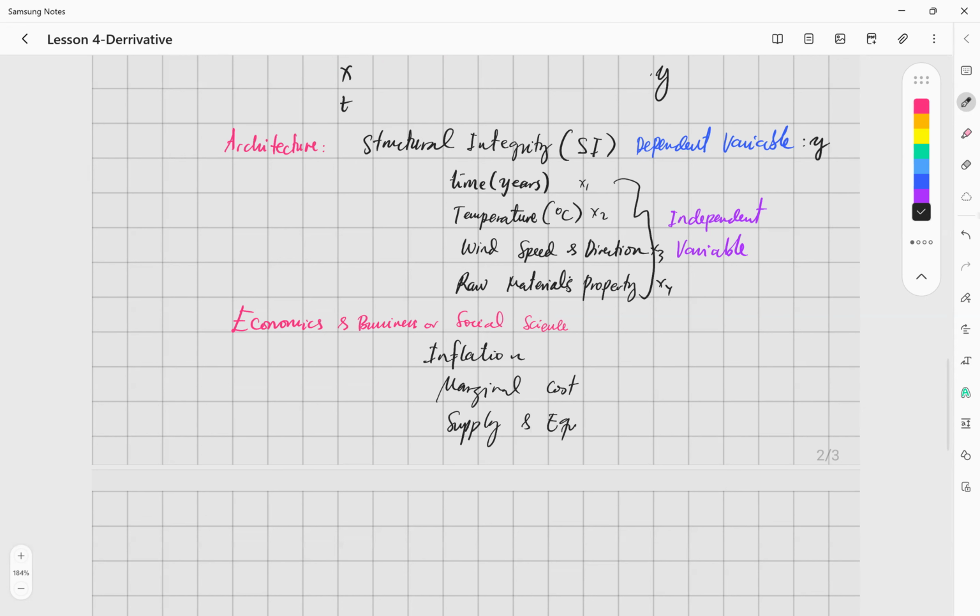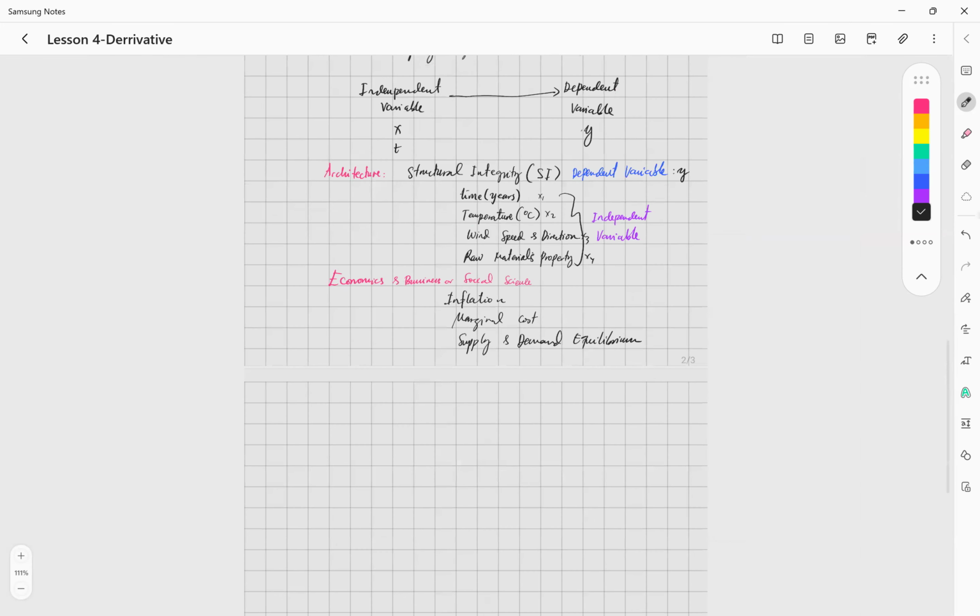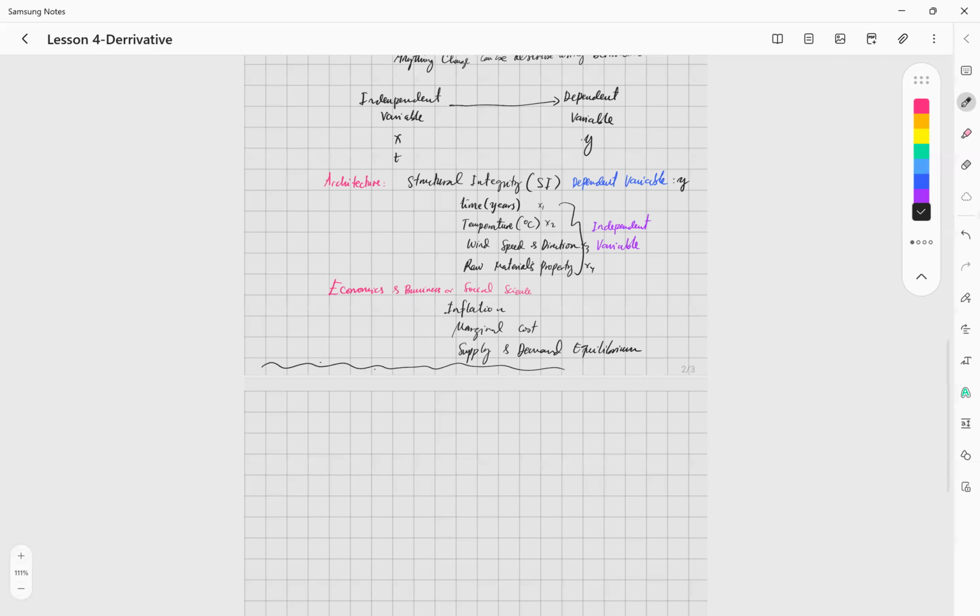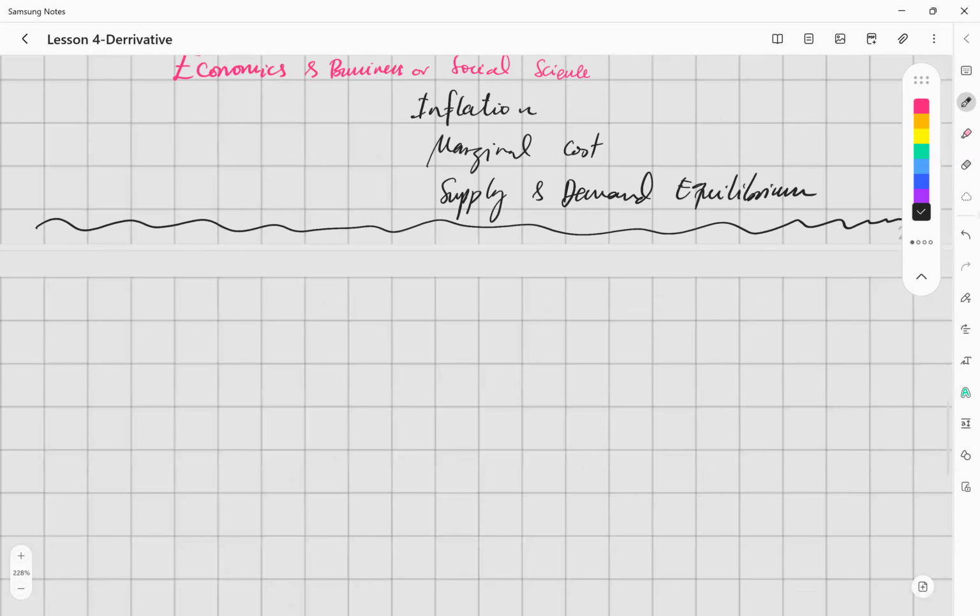All of this can be described and explained by calculus. Okay, so that's the side note. Let's go back to doing examples for this derivative.